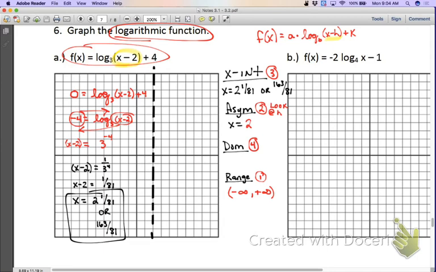Now, knowing that, I need to put a point on the x-axis of where I think 2 and 1/81st is, or 163 over 81, or whatever. It's like 2.0, 1, 2, 3, 4, 5, 6, 7, 8, so on and so forth.